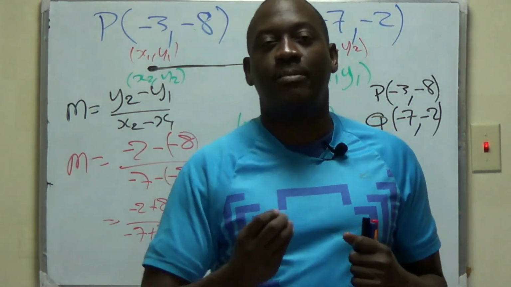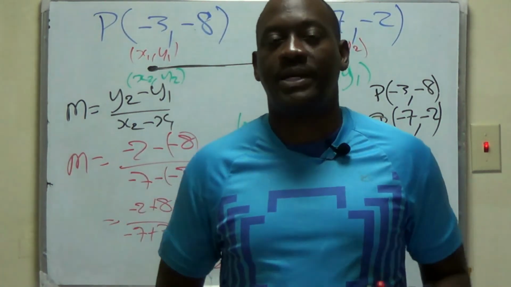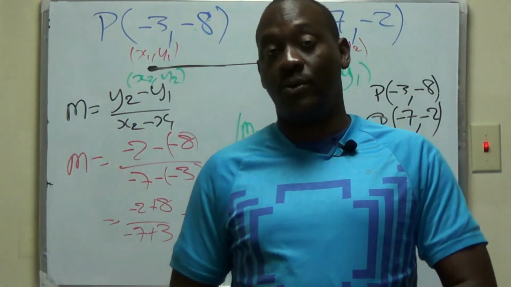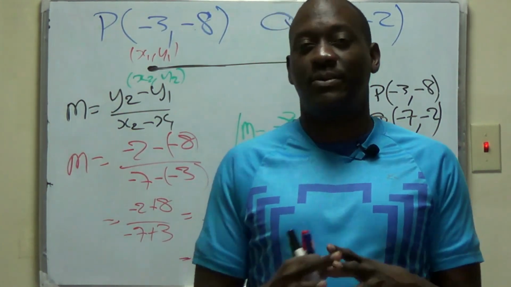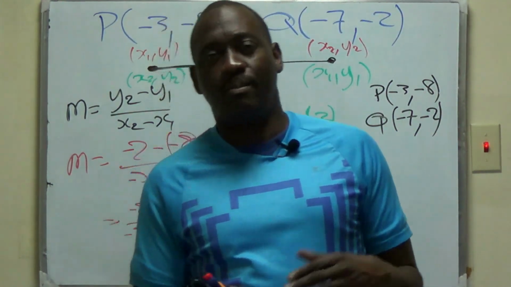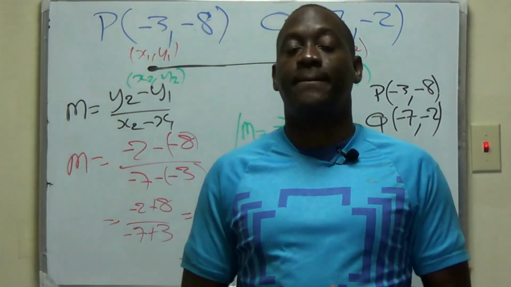Alright, so you're now in a position where you could do a whole set of questions just to practice, just to get a rhythm, and then after that we'll move on to other aspects of the straight line, where we start talking about the equation of a straight line, which is a little more detail in terms of describing a line.